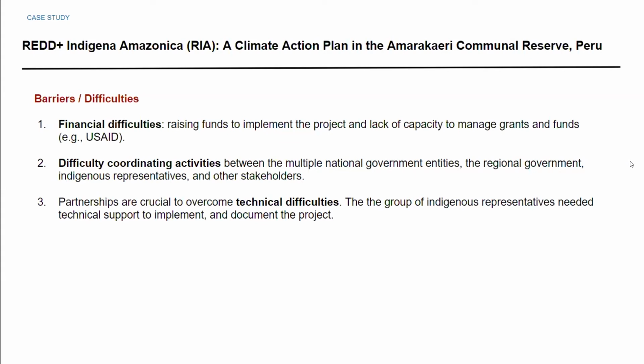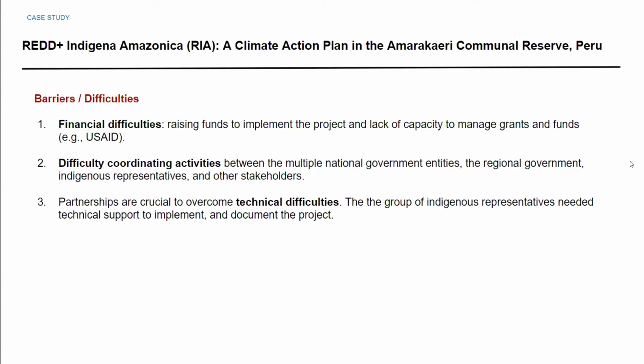So partnerships with other NGOs, universities, government have been key, but this is a place where all the threats you can imagine are in here. So it's a difficult place to work, but they have been very successful, I have to say. And difficulty coordinating activities between the multiple national government entities.